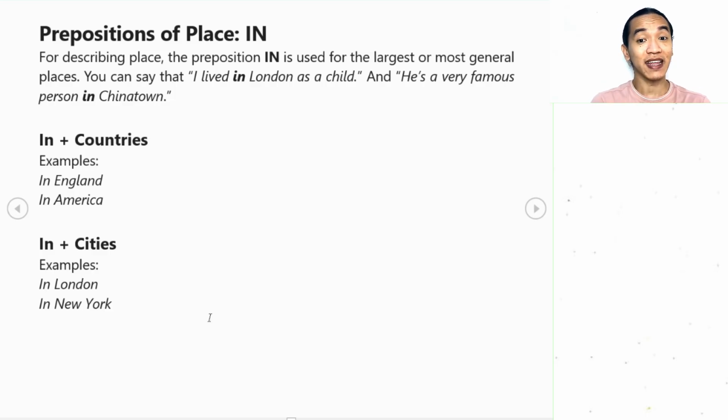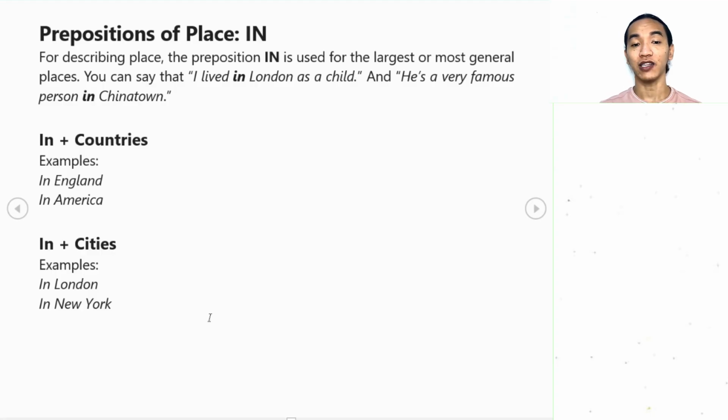So you can say that I lived in London as a child and he's a very famous person in Chinatown. Now we use in together with countries in the world, like for example, in England, in America, in the USA, or in the Philippines, in Israel, in China, something like this. All right, now we also use in when we are talking about cities.